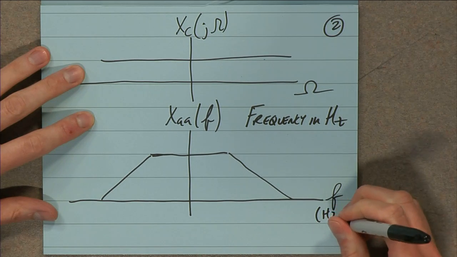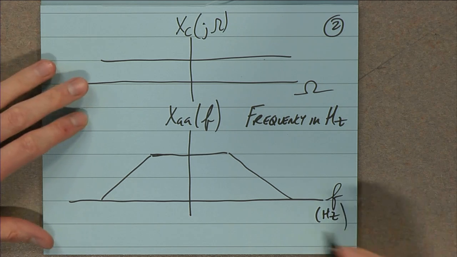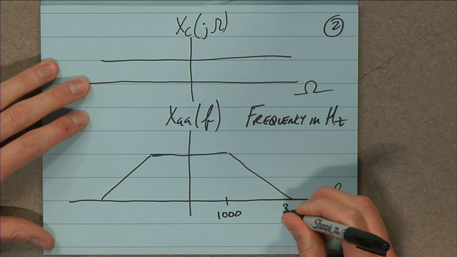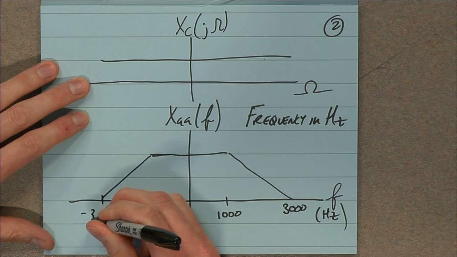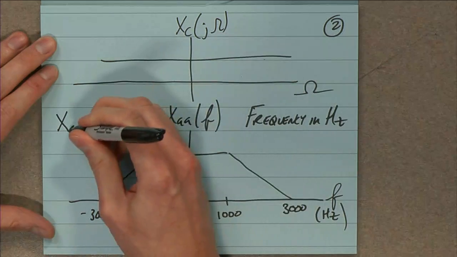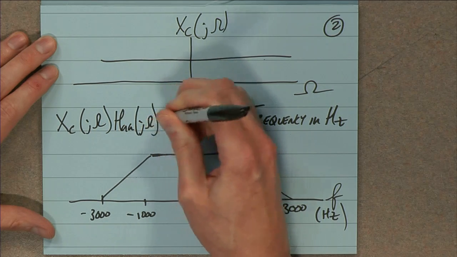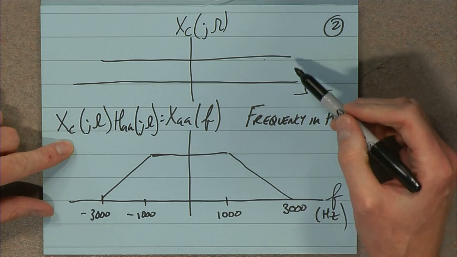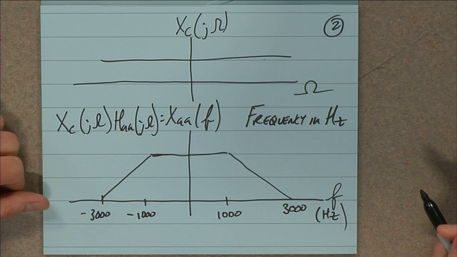So if we peel off the 2 pi's, 1000, 3000, minus 3000. That's simply because X of j omega times the anti-aliasing filter: we simply filter the continuous-time signal, which is broadband, with our anti-aliasing filter. It just paints out the anti-aliasing filter.